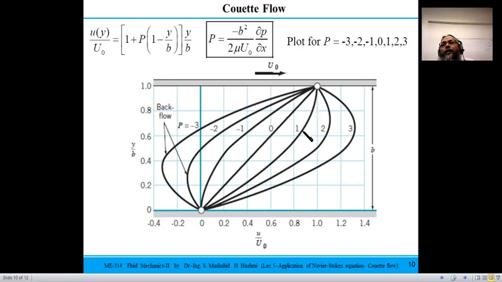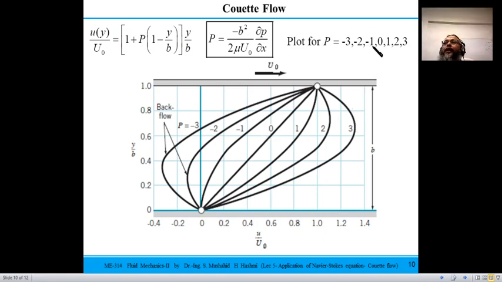Your velocity would be this, this, this, and if p is 2 your velocity profile looks like this. If p is 3, more p means more pressure gradient. The more the pressure gradient, the higher the velocity in this region, and then the lower the velocity, because this plate is stationary, so the velocity is 0 here. So you get this typical velocity distribution.